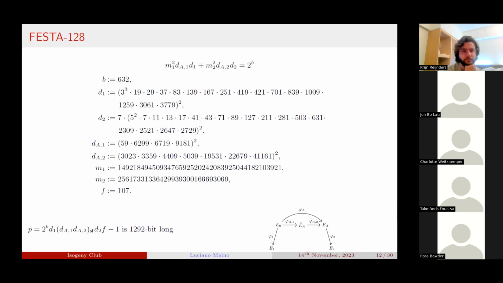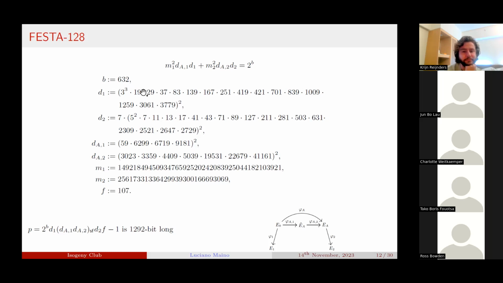Using this approach, we found some concrete parameter sets for FESTA, and this ensures 128 bits of security. You don't need to remember all these numbers. The only thing that I want to point out is that this B is equal to 632.